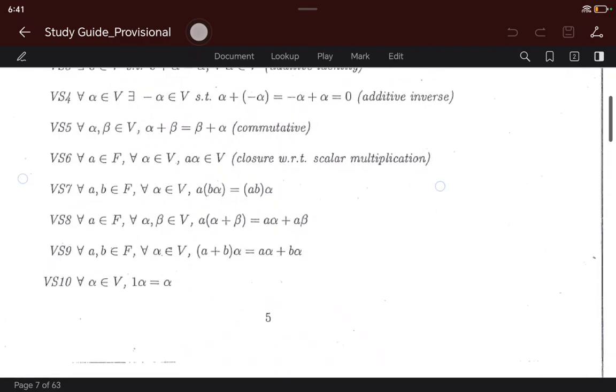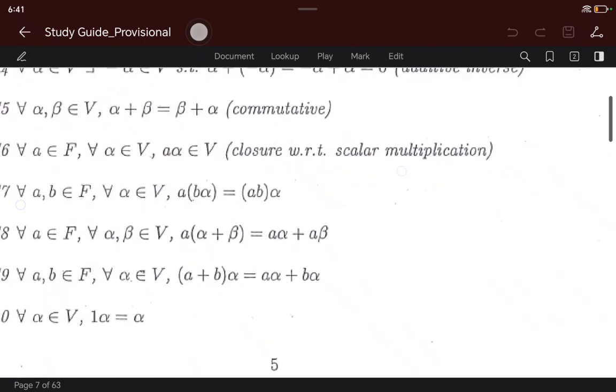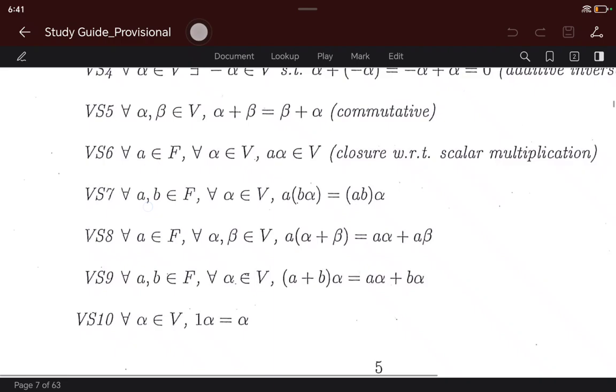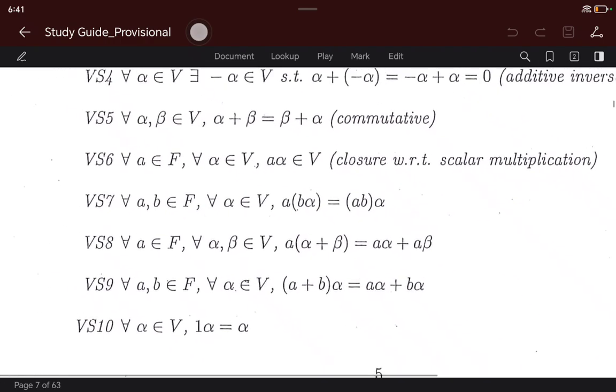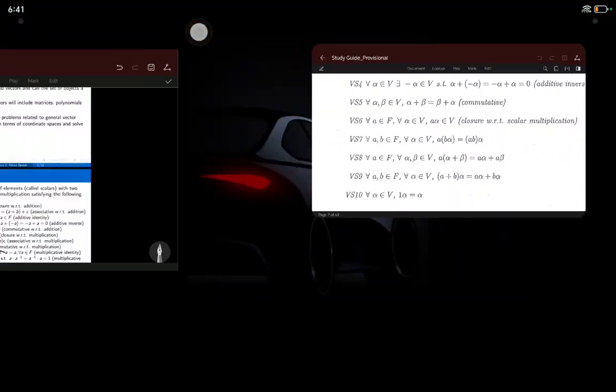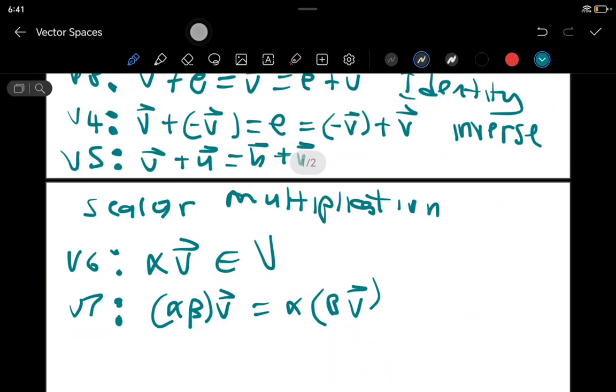That was V, is it 6 or 7? Oh yeah, you see, right? Two from a field, one from a vector, which is the one we're discussing here. So once we have this, we can say that we are distributing, or actually, we really associate.